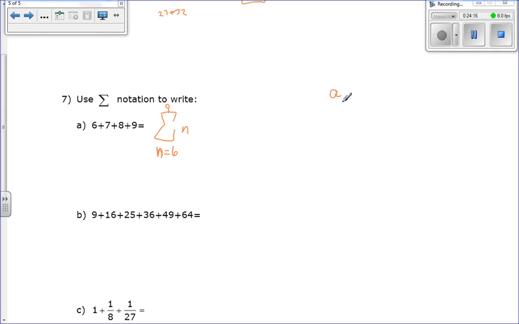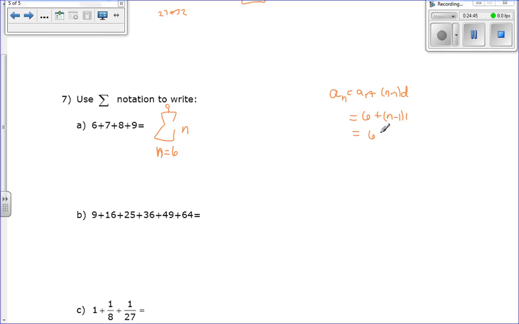We have a sub n is equal to a sub 1 plus n minus 1 times d. So in this case it would be 6 plus n minus 1, and d is 1 in this case.